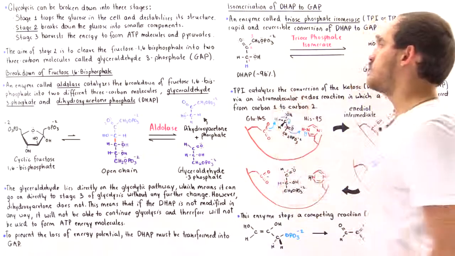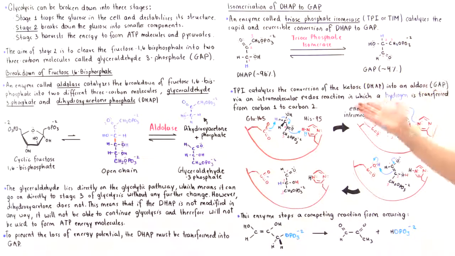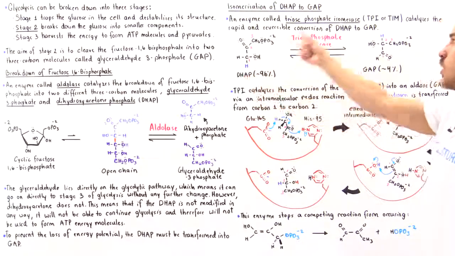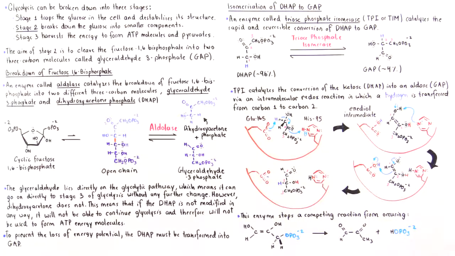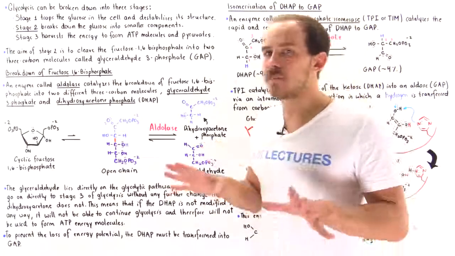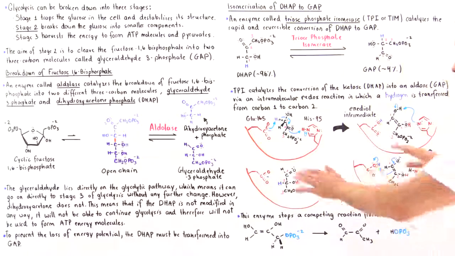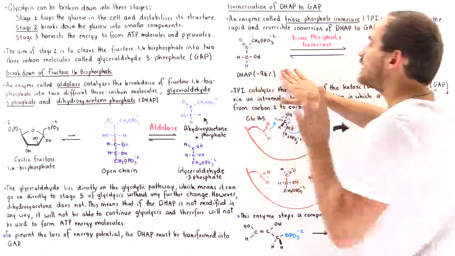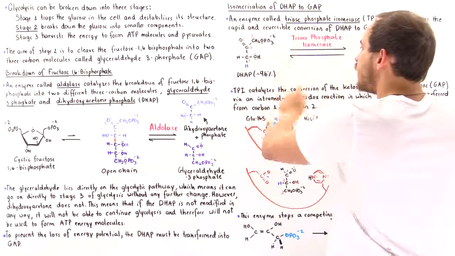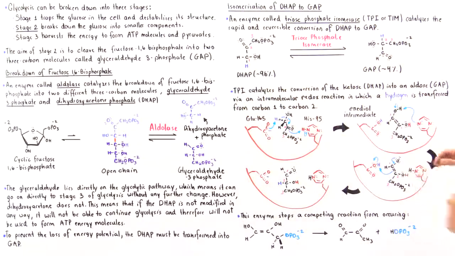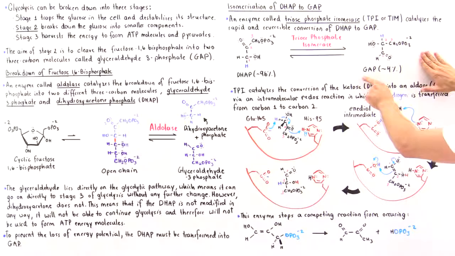Rapid simply means it takes place very quickly, and reversible means once we go this way, the enzyme also catalyzes the reverse reaction. In fact, once equilibrium is formed, the DHAP exists as the predominant molecule: 96% is DHAP and only 4% is GAP.